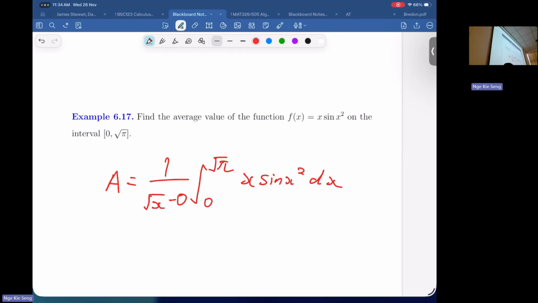Can you recognize what technique you need to use to integrate this before we skip? Quickly see there's an x squared, there's an x. And this x squared appears inside sine. There's a composite happening here.